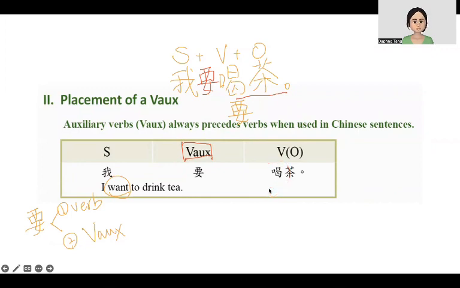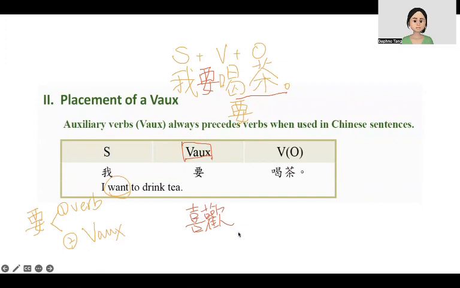Just like English, in this lesson, we learn some auxiliary verbs. One is 要 and one is 喜欢. You can say 我喜欢喝茶.